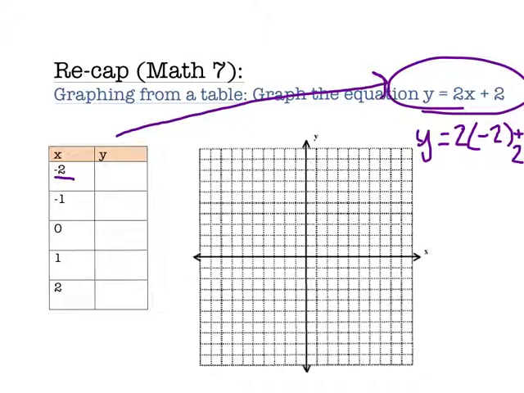And 2 times negative 2 is negative 4. And negative 4 plus 2 is negative 2. So for an input of negative 2, I also get an output of negative 2.